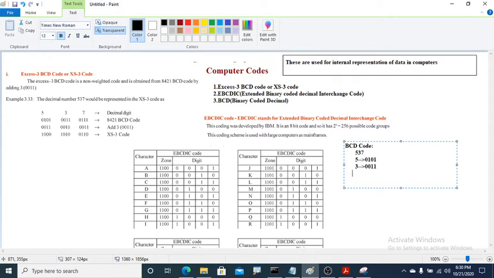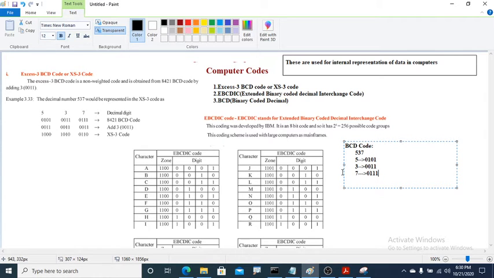And 7 is 0111. So this is the BCD code representation. The final answer is 0101 0011 0111. So the BCD code representation of 537 is in this form.